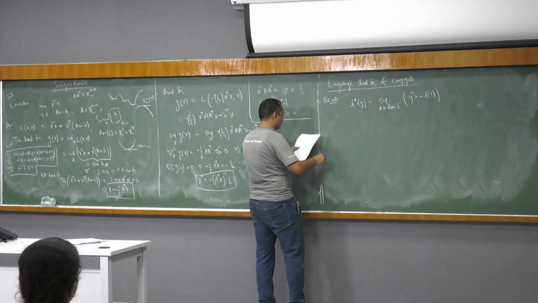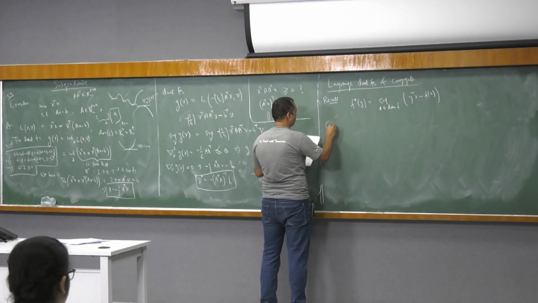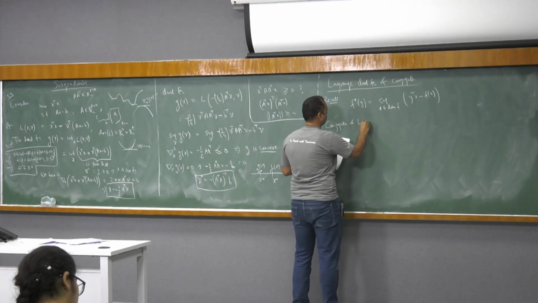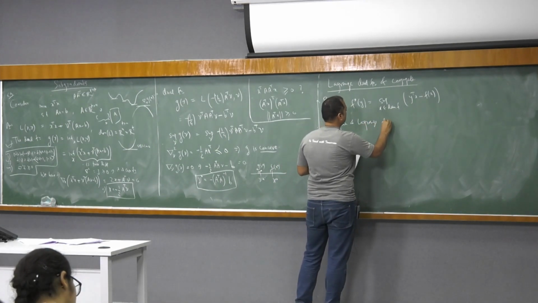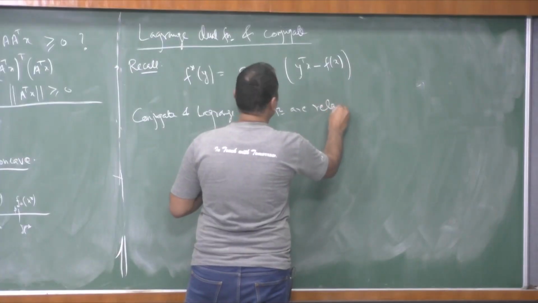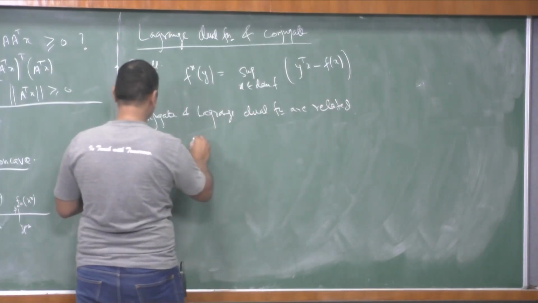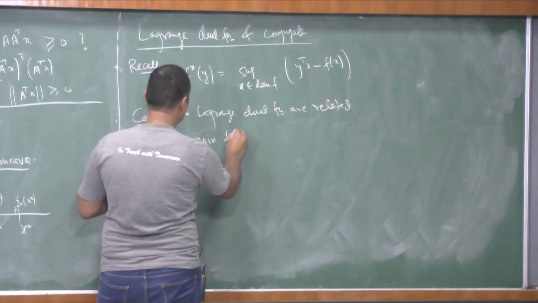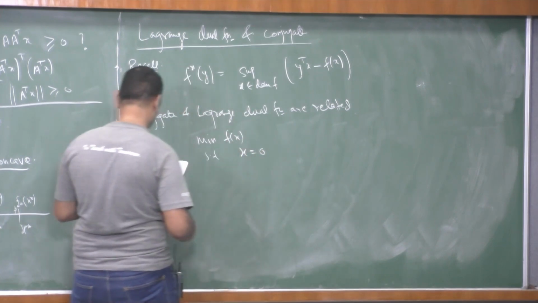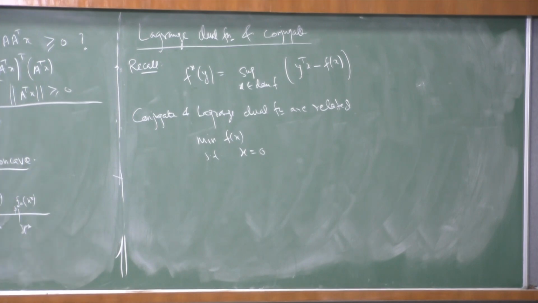So the conjugate and the Lagrange dual function are related. Let us see this with a simple constrained optimization problem: minimize f(x) subject to x equals 0. Let us form the Lagrangian of this.